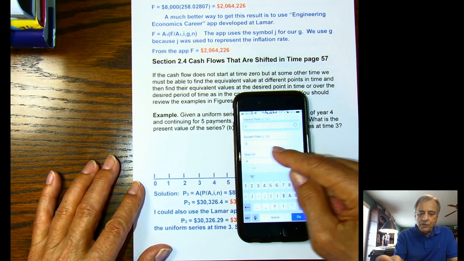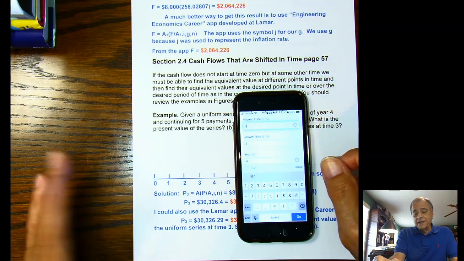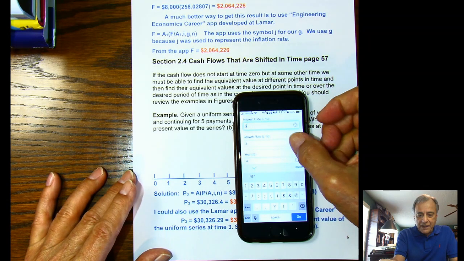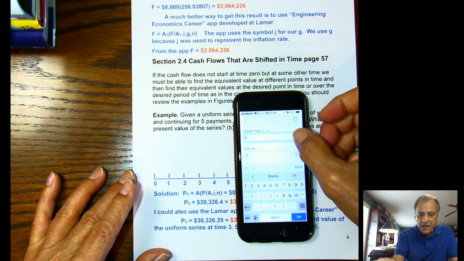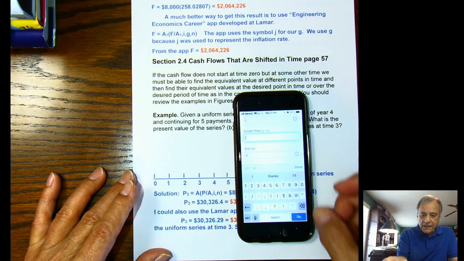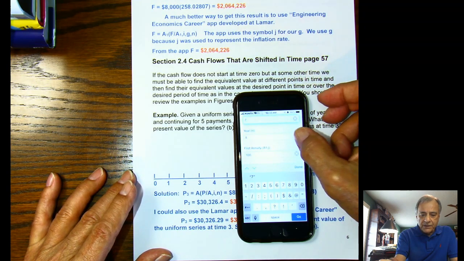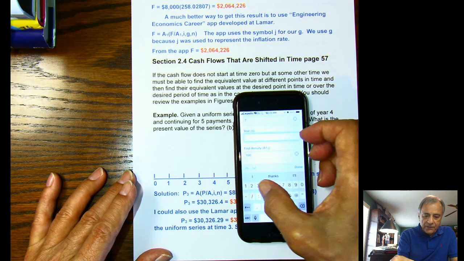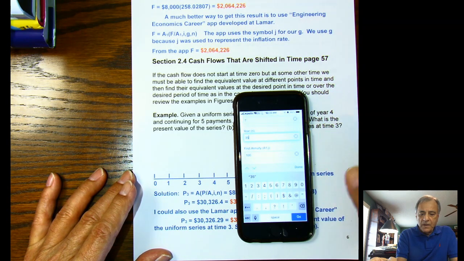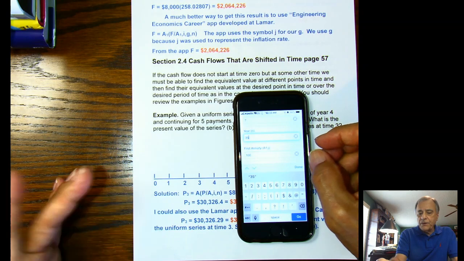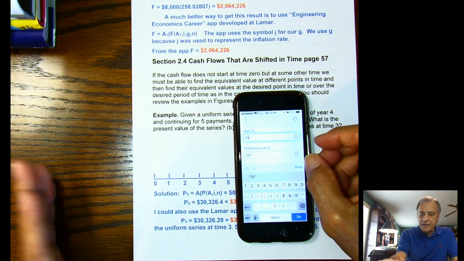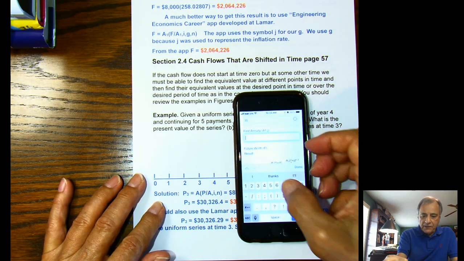It's called the growth rate. Of course, if g was negative, it wouldn't be a growth rate, but it's assuming that most times it is positive, and that's 7. Then it's asking for the number of years, and that's 35. And then it's asking for the first term in the series. How much did he start? And that's 8,000.